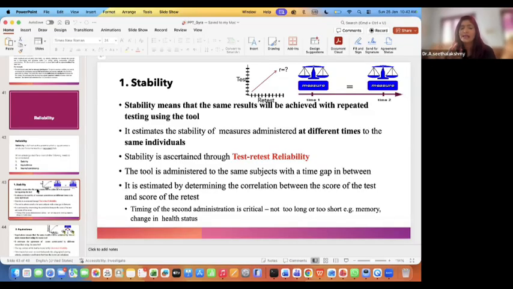That is called test-retest reliability. Test-retest means if you administer the tool to the same subject in two different timelines or time periods, that needs to give you the same or similar results, then your questionnaire is okay, this is valid, this is stable, you can use this.